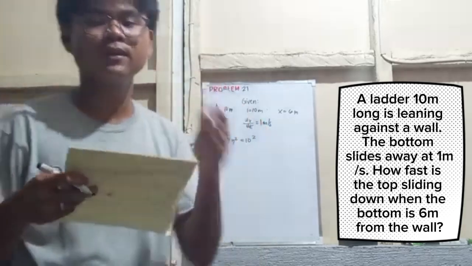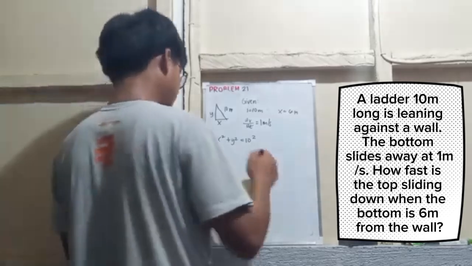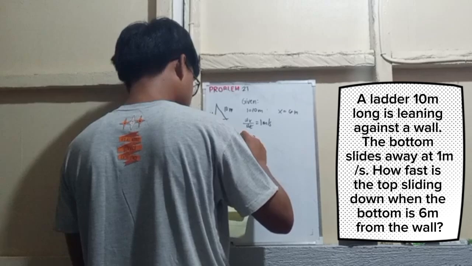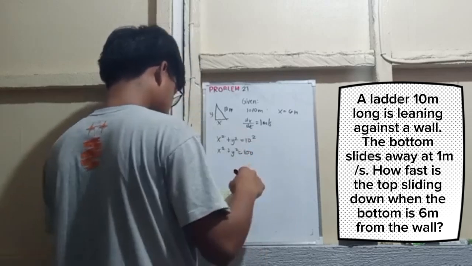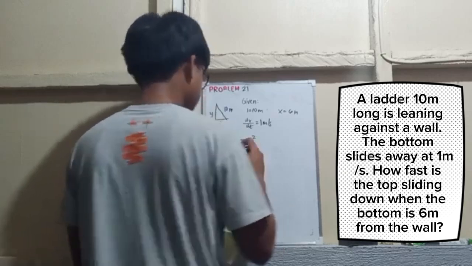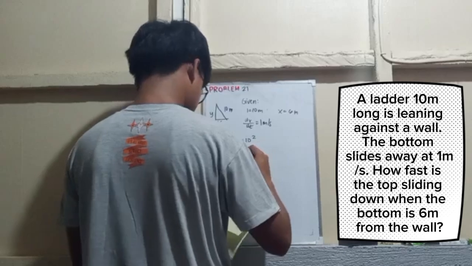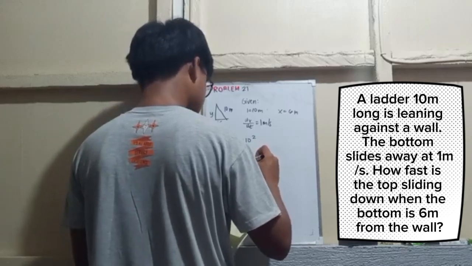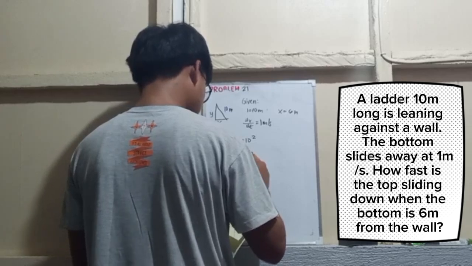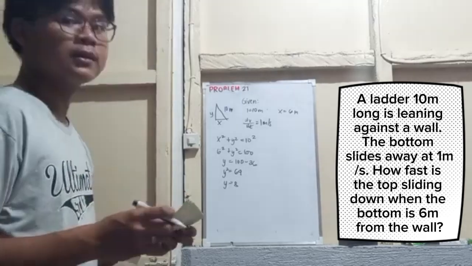Now we'll manipulate the formula so that we will get the value of y. So x² + y² = 100. Then transpose the x²: y² = 100 − 36 = 64. Then we will get the value of y as 8.